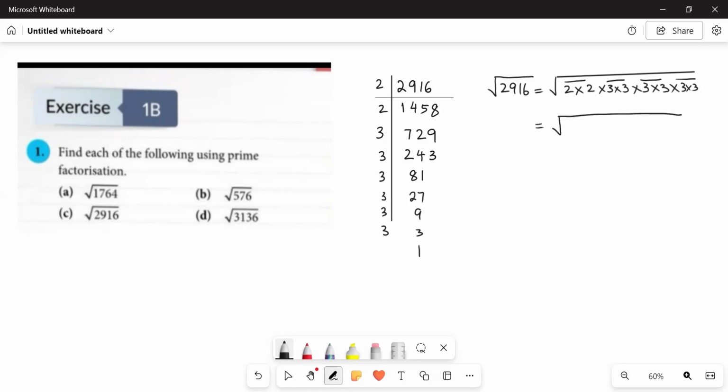So how are we going to write it down? 2 into 3 into 3 into 3 as a whole square. Okay? So this will cut down the root. 2 into 3, 6. 6 threes are 18. And 18 into 3 is equal to 54. It means 2916 is the perfect square of 54.